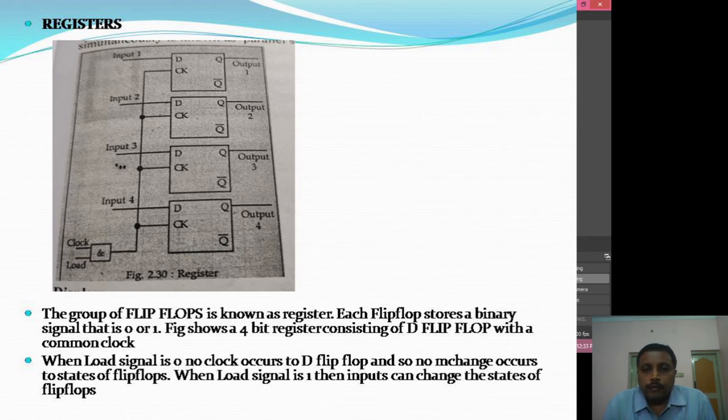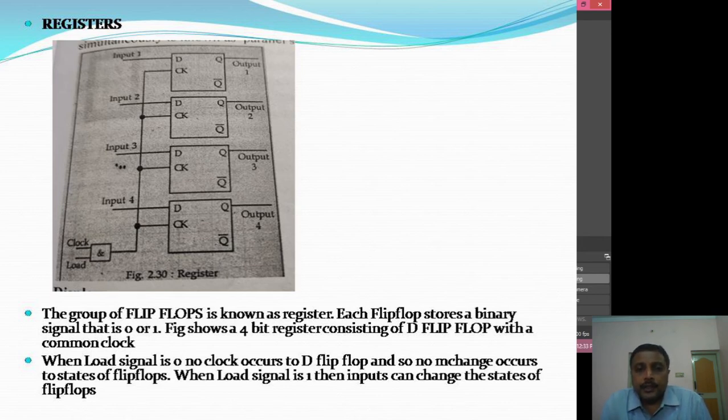The flip-flop we have used is a D flip-flop. A common clock is provided for all 4 D flip-flops. When the load signal is 0 and no clock occurs, no change will occur to the states of the flip-flops.